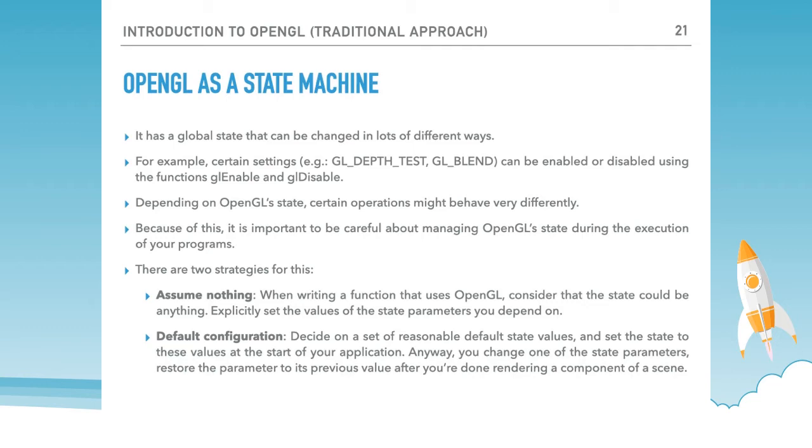You can decide on a set of reasonable default state values and set the state to these values at the start of your application. Anytime you change one of the state parameters, restore the parameter to its previous value after you are done rendering a component of a scene.